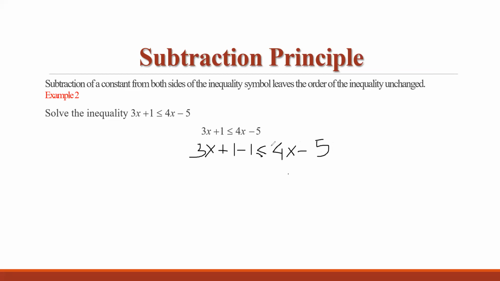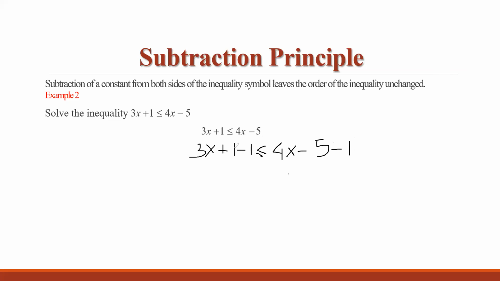So I've told you when you subtract on one side, make sure you also subtract on the other side. You have to subtract the constant from both sides of the inequality symbol, not on one side. When you subtract on one side, the inequality changes. So if I say minus 1 here, I have to also subtract 1 on the right-hand side.